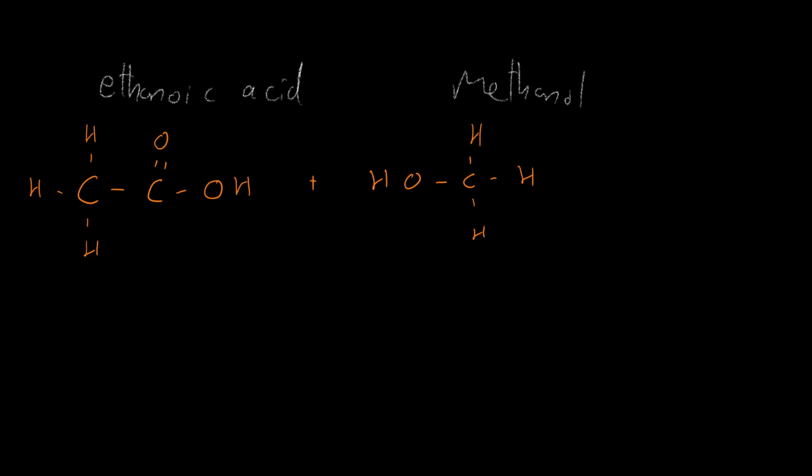What actually happens is the OH part of the carboxylic acid, of the COOH, and the hydrogen of the alcohol actually disappear. So what you really get is this carbon bonds with this oxygen, forming a chain.